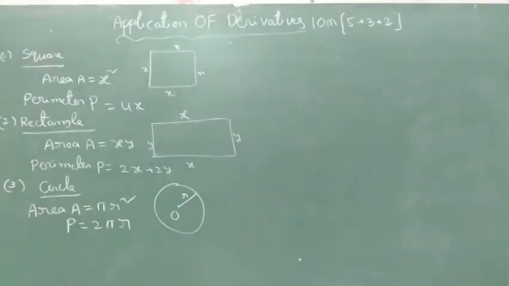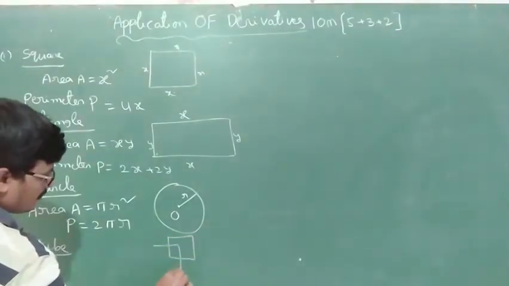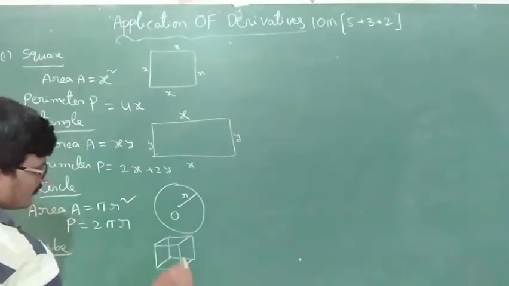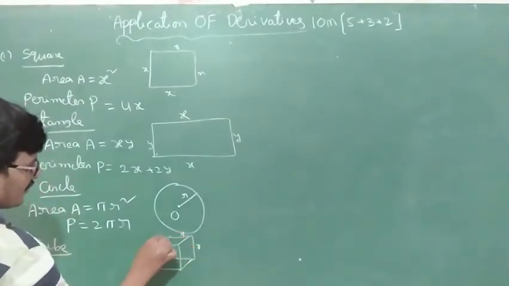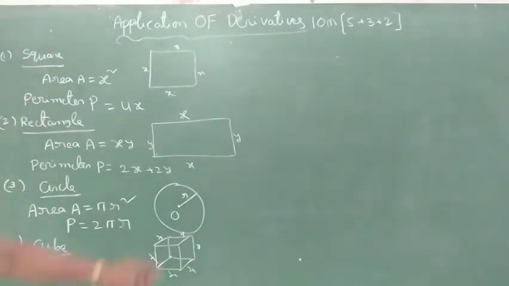Next, fourth one, cube. You know cube? This is cube. In the cube, all sides are equal. In the cube, not an area, volume. This is 2-dimensional, cube is 3-dimensional.